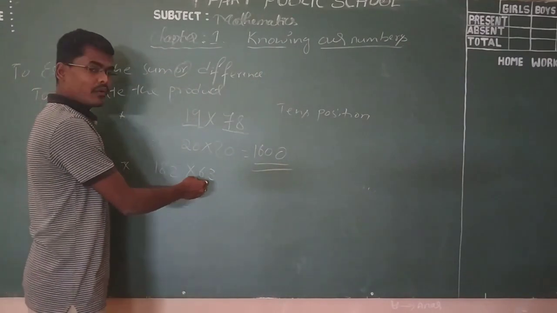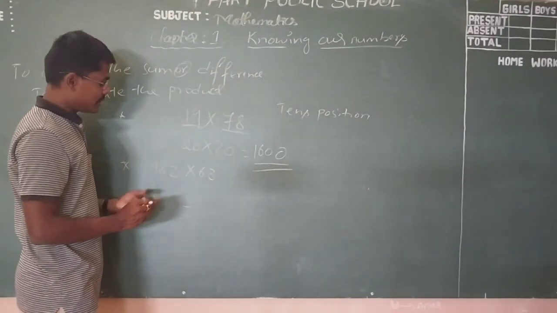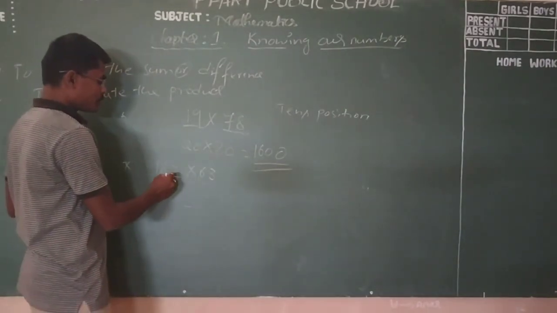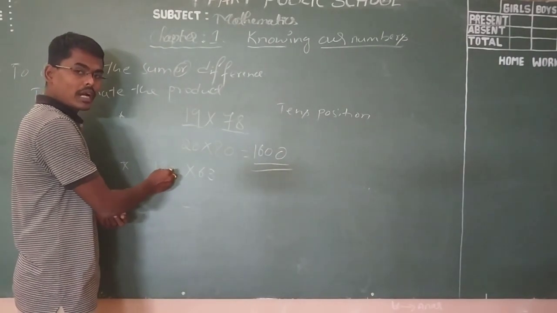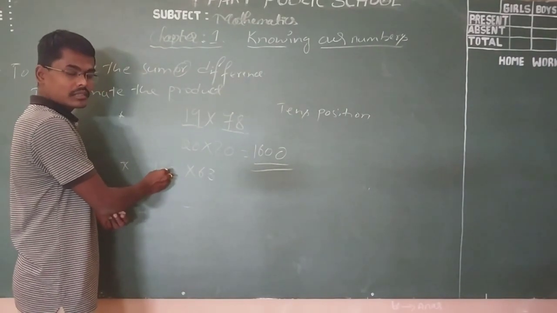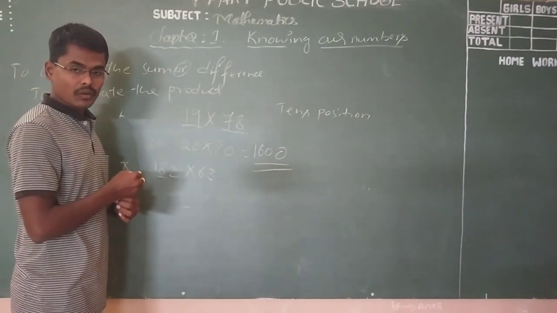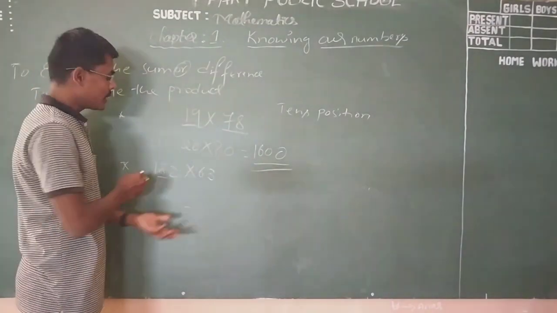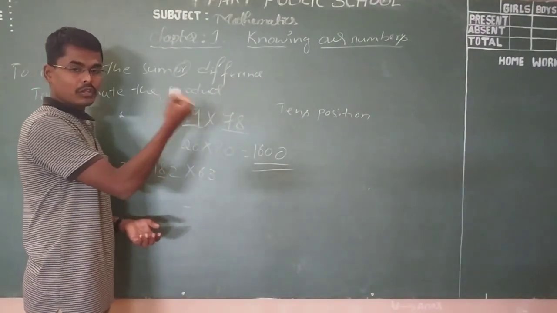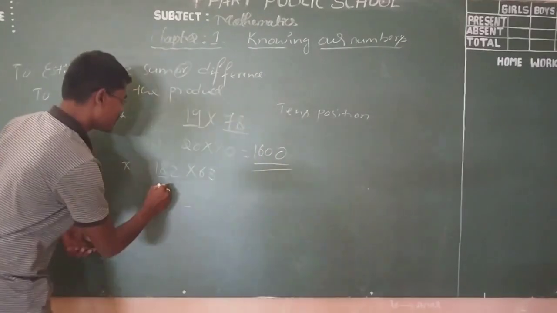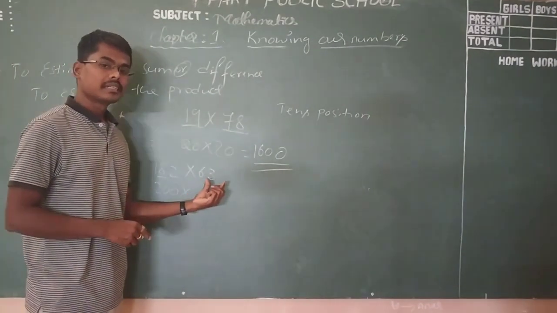Now look at this one. For the 100th position, we have to look at the 10th digit. What is this? This is 8, and you know that this is more than 5. For that reason, since in the 10th position we have the number 8, we are going to round up to the hundreds. Then this becomes 200.